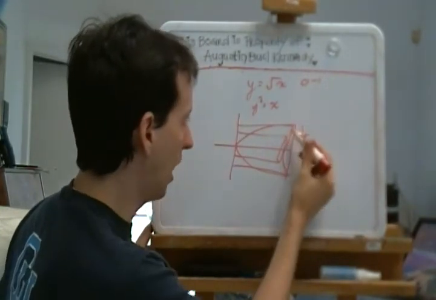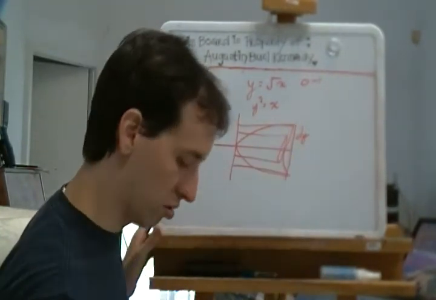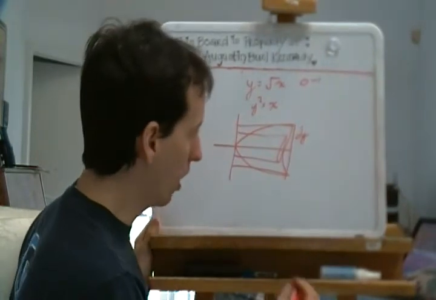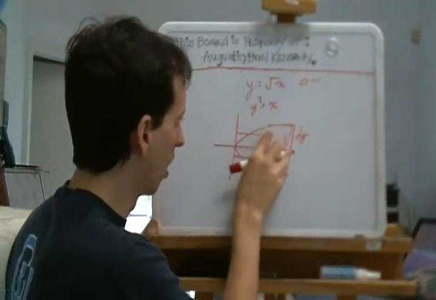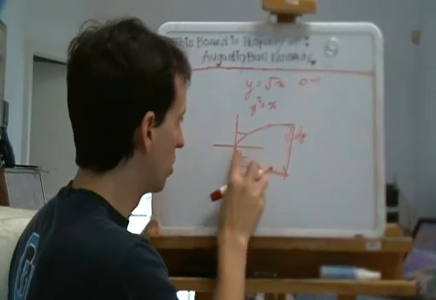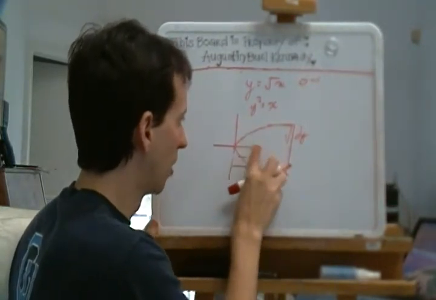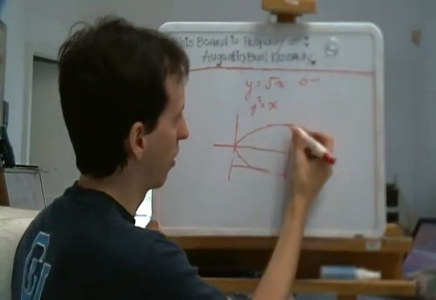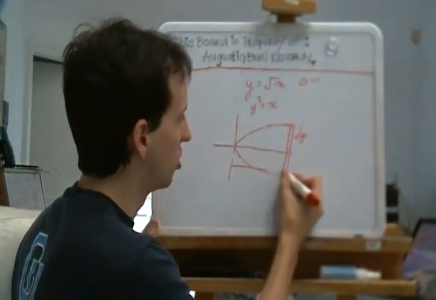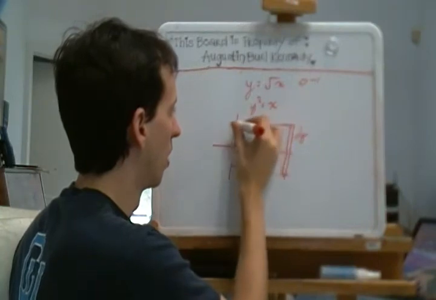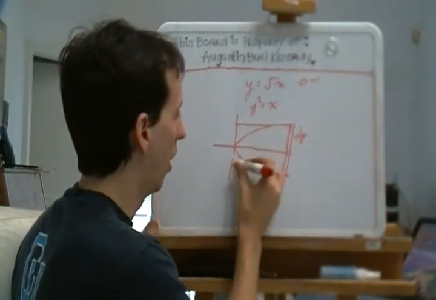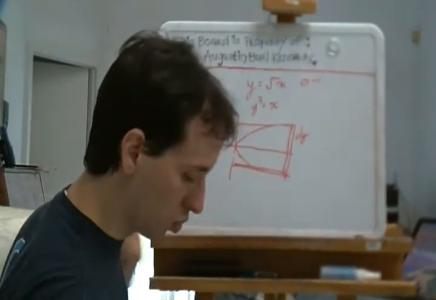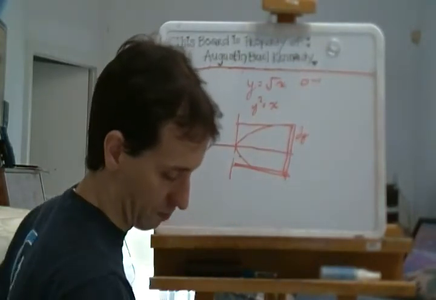So let's look at the radius of these shells. Let's go back to the original graph right here. Here's the graph we're working with. Here's a shell. Now what we want to do is find what the radius is.